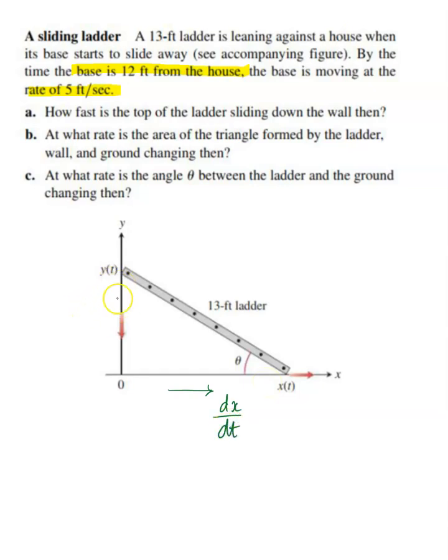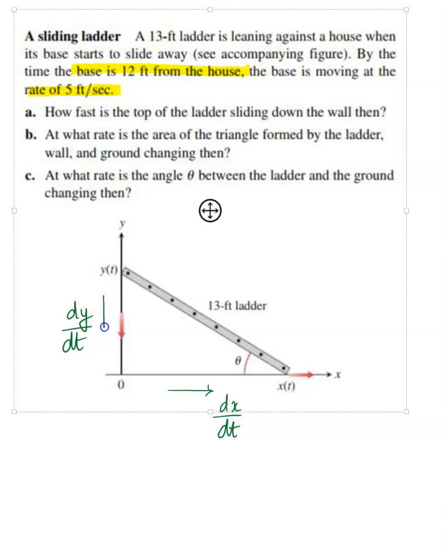And how fast is this height falling? That'll be dy, because that's the y, with respect to time, isn't it? So this is again coming down. So we have these two details, and when we get to the specific problem, then we'll try to apply those values, the 12 and the rate of change, because the rate of change is 5 feet per second.